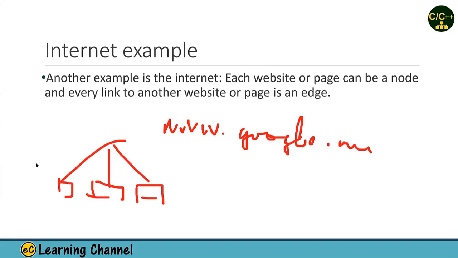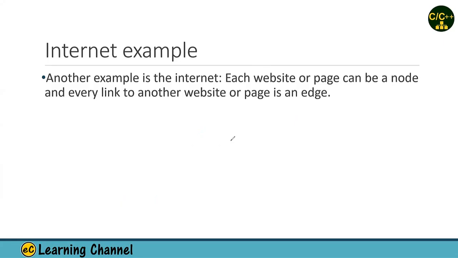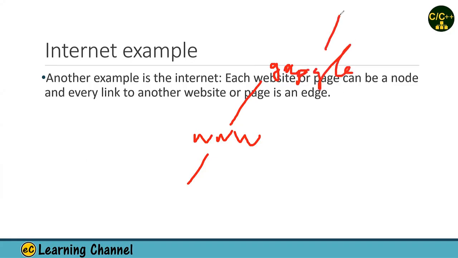And above google.com, you actually have www as a web domain. It is one of the subdomains that Google has. And Google is under com, under the com group. So that's also another kind of tree structure.